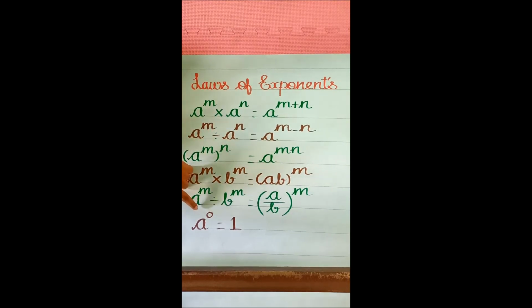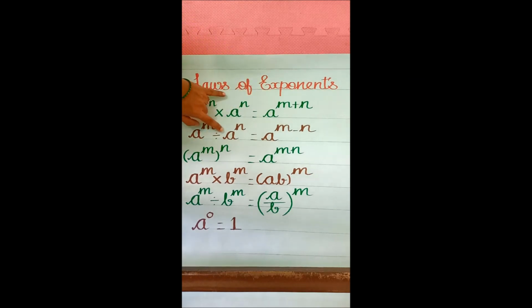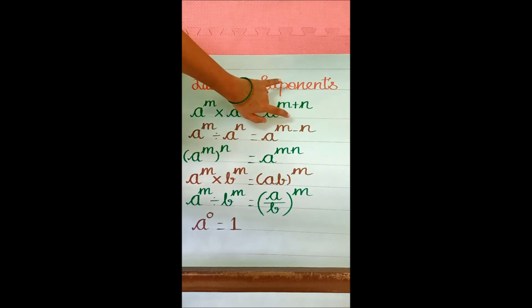Then the last one is a power 0. That means for any value, if the power is 0, your answer will be 1. So listen once again. You can say it with me. The laws of exponent. Our first law is a power m into a power n is equal to a power m plus n. A power m divided by a power n is equal to a power m minus n.